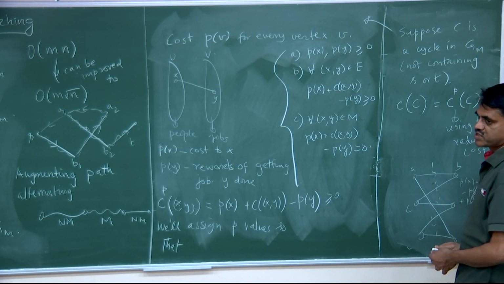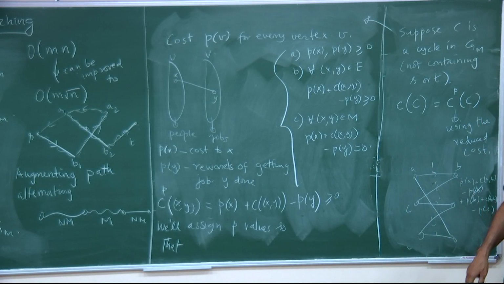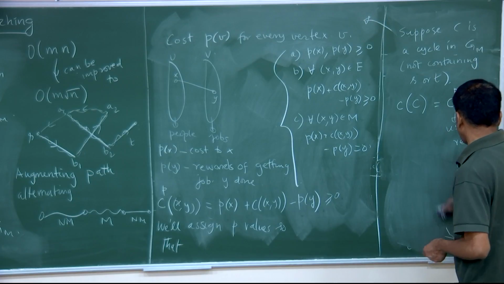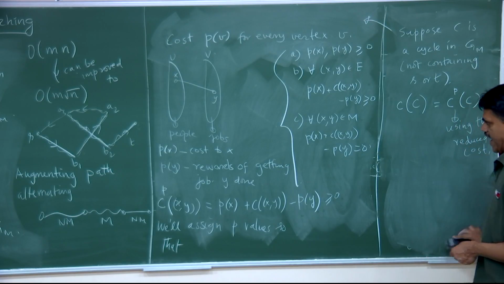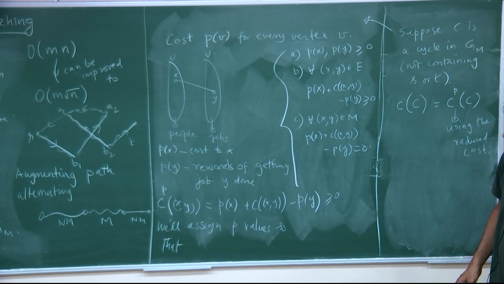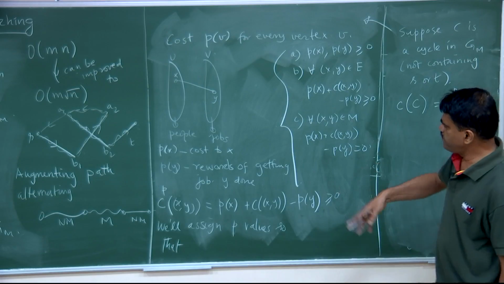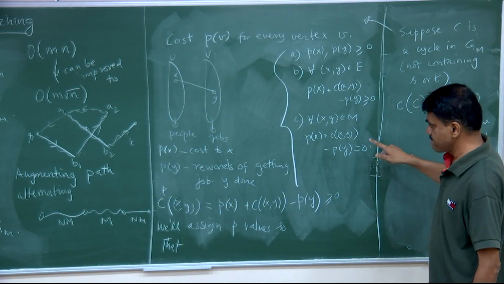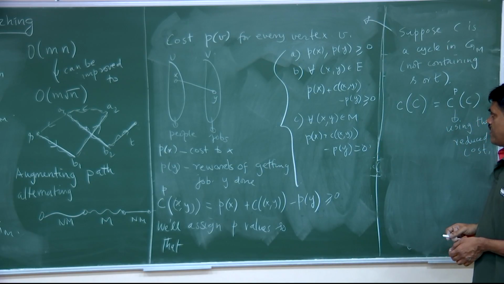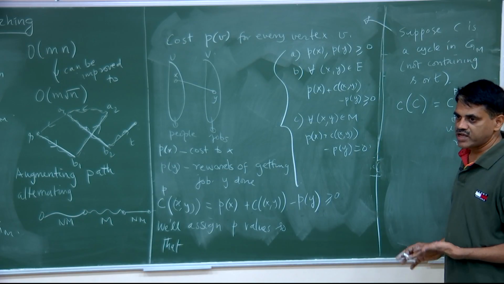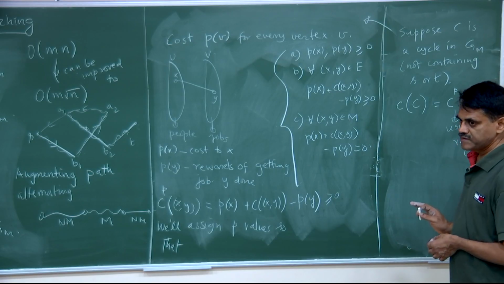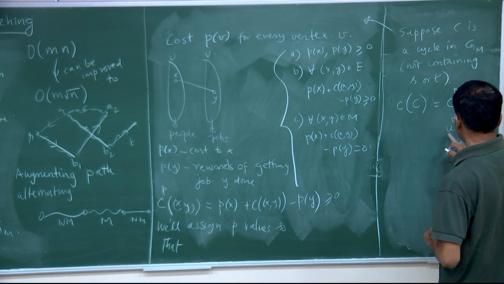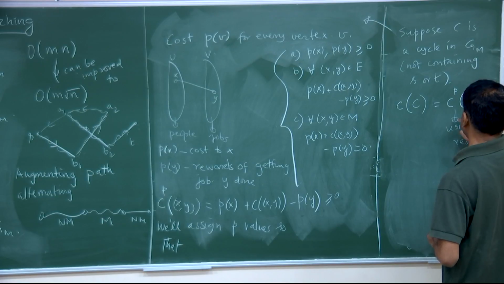It's the sum of the original costs anyway. So if I assign P values so that these conditions are met, then I will not have a negative weight cycle in the graph at all, because this is greater than or equal to 0.